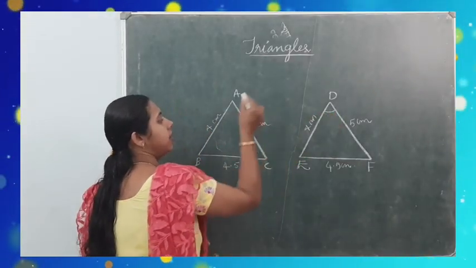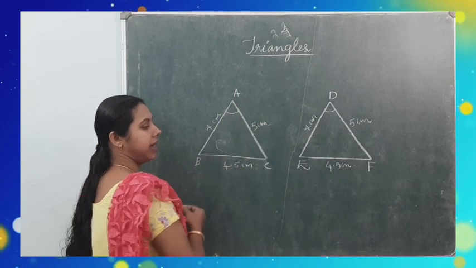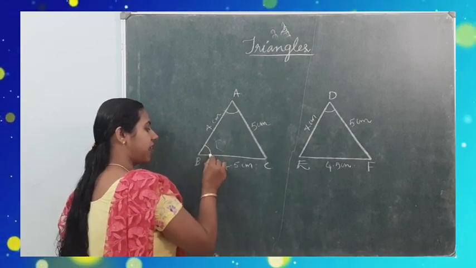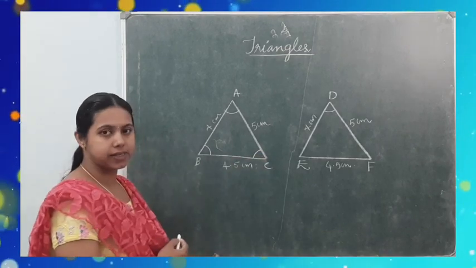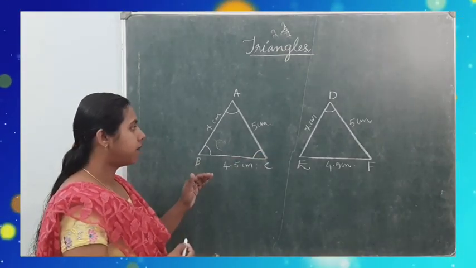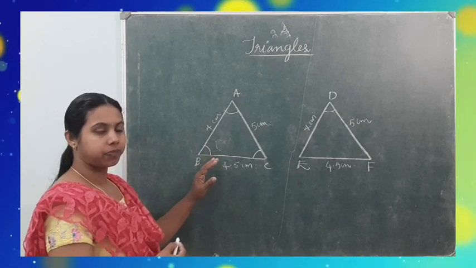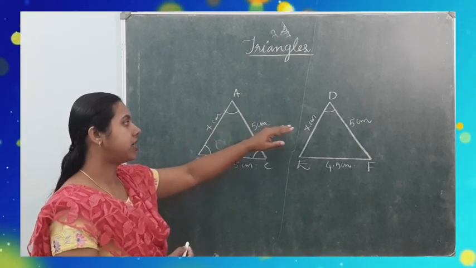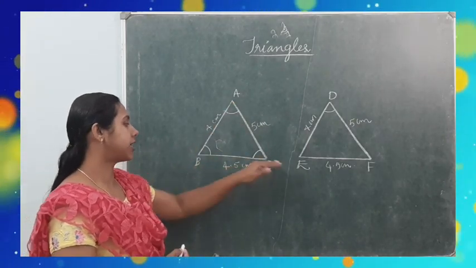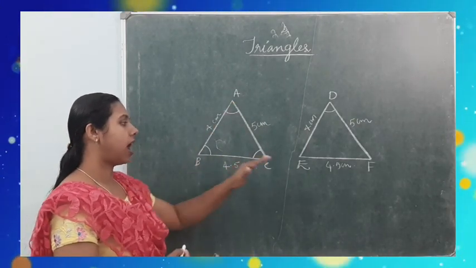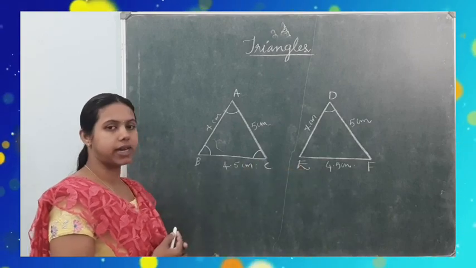Angle D will overlap angle A, angle E will overlap angle B, angle F will overlap angle C. In the same way, vertex D corresponds to vertex A, vertex E corresponds to vertex B, and vertex F corresponds to vertex C.